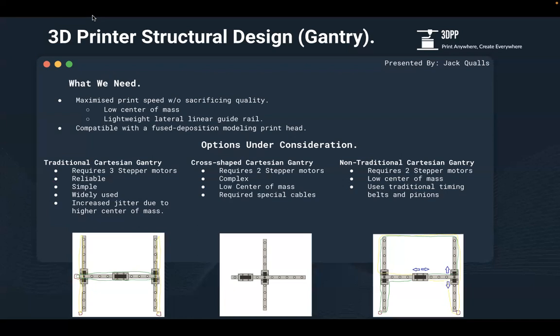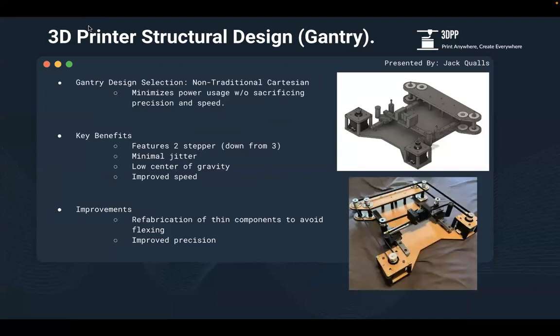Again, we ended up going with the non-Cartesian gantry, which required fewer stepper motors, and a pretty unique layout for the belts and the control of the print head. This design minimized the power usage due to it only using 2 stepper motors without sacrificing the precision and speed. In fact, it improved both of those in the long run.